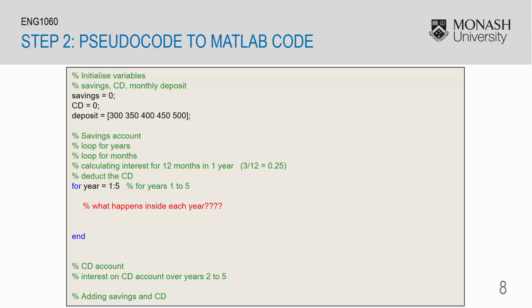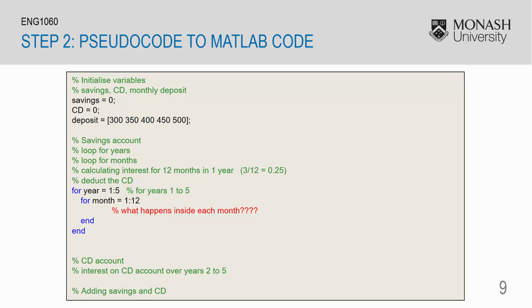I can then move on to the next portion of the pseudocode, where I am repeating a pattern of code for the 5 years. So I have for year equals 1 to 5, meaning that the code will repeat 5 times. I then need to think about what is happening within each year.